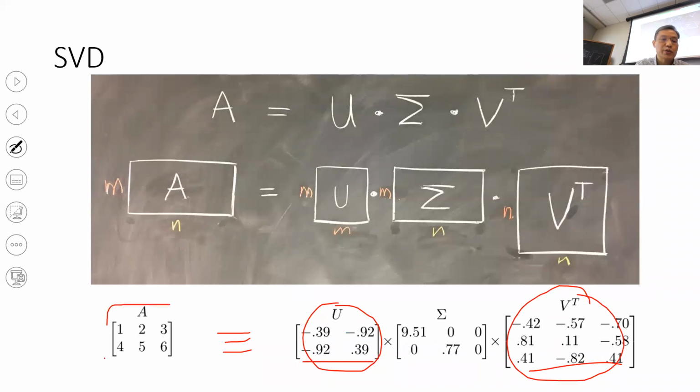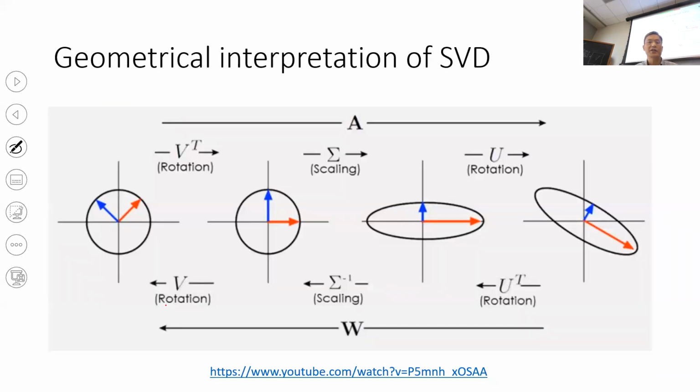Now we treat this input matrix A as a combination of two rotations and one scaling operation. So you consider this A: first you do the rotation, then scaling, and then rotation again. Here it is applied in the reverse order. You apply the V as a rotation component. You rotate your two data points here as an example.